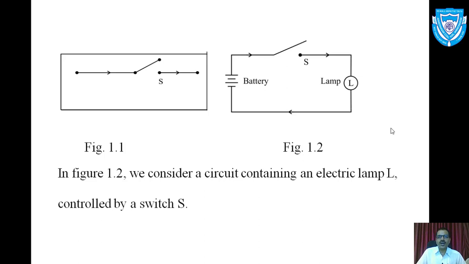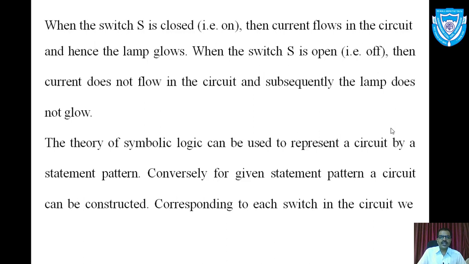Whenever this switch is in the on position, the current from the battery reaches the lamp and the lamp glows. Whenever the switch S is in the off state, it does not allow the current to pass from the battery to the lamp and the lamp does not glow. When the switch S is closed, closed means in the on position, then the current flows in the circuit and hence the lamp glows. When the switch S is in the open state, meaning off state, the current does not flow in the circuit and subsequently the lamp does not glow.